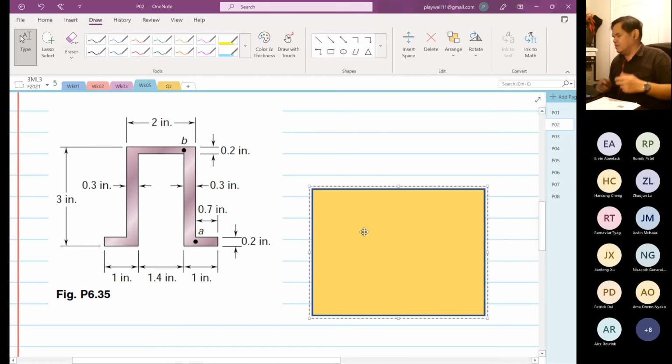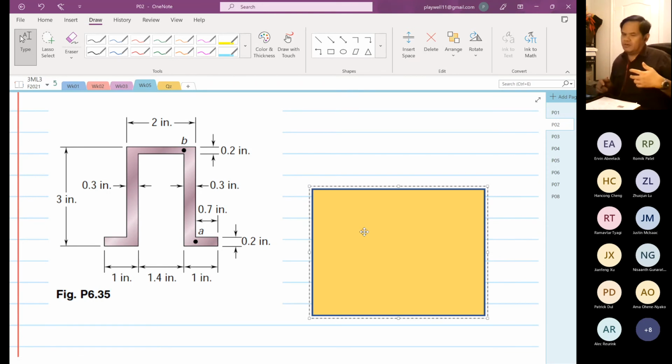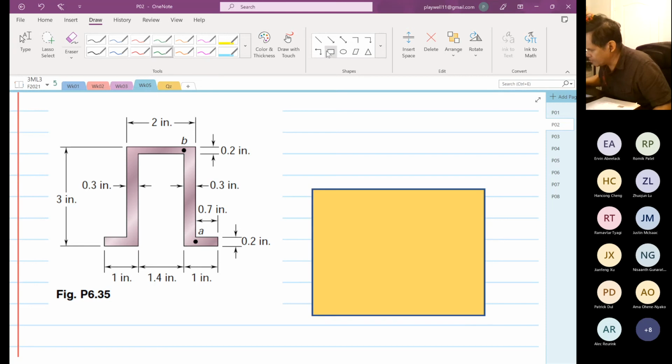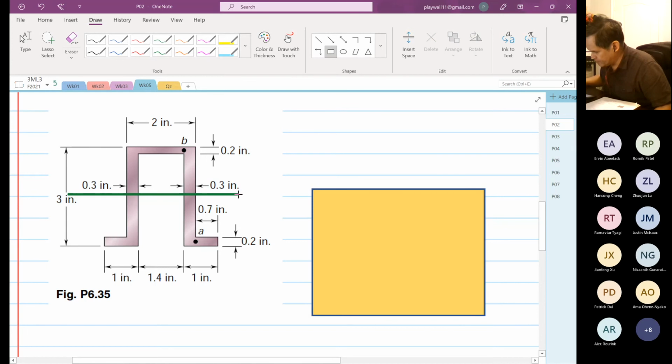So remember the rule that the first moment of area cannot cross the centroid. Based on geometry, this is our centroid. Centroid is exactly at the center, 1.5, exactly. Okay, that's our centroid.